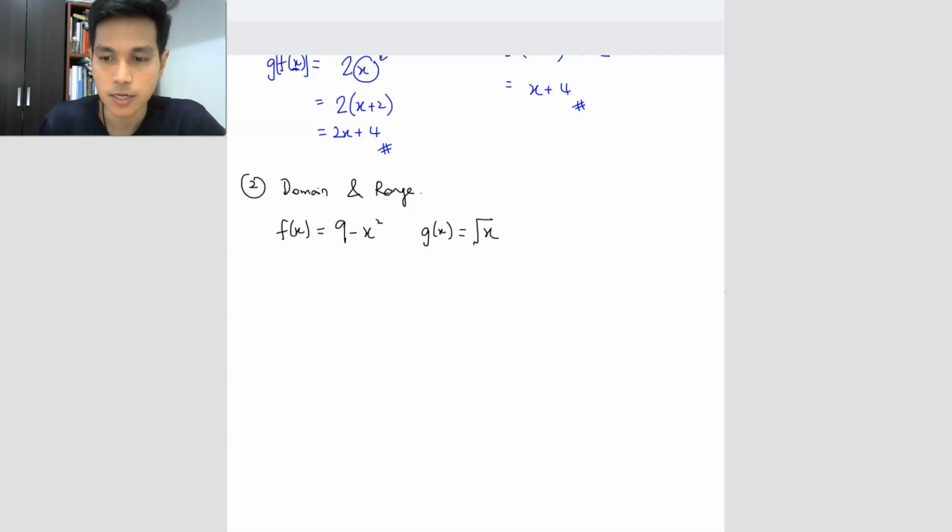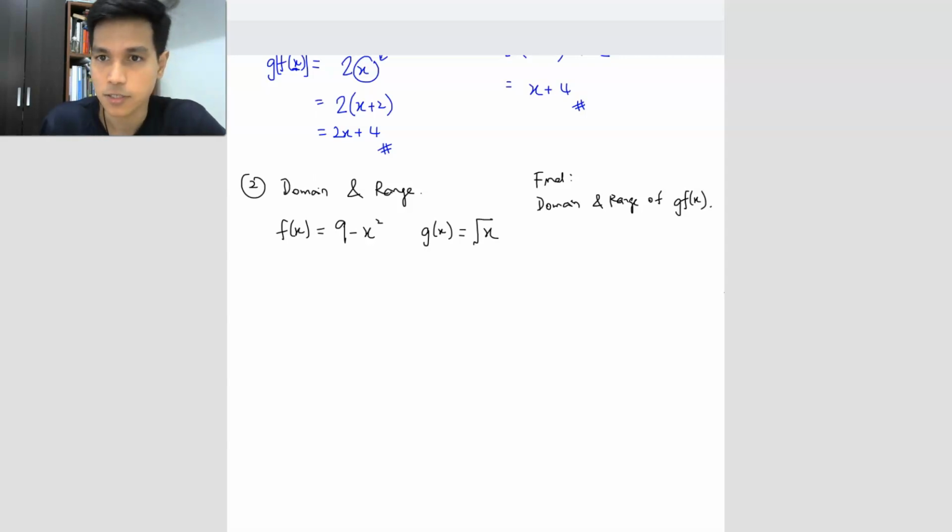So the question asks you to find the domain and range of gfx. So the first thing we're going to do, let me just draw it out.